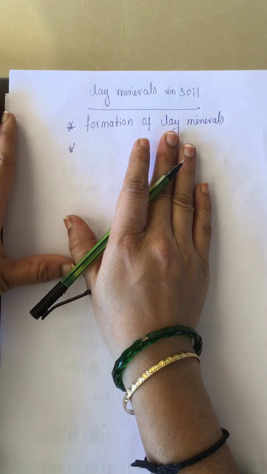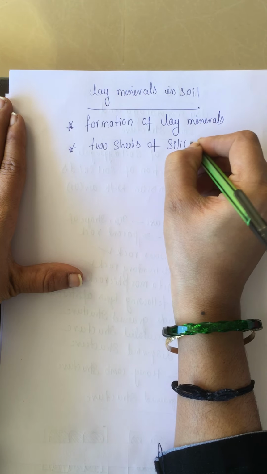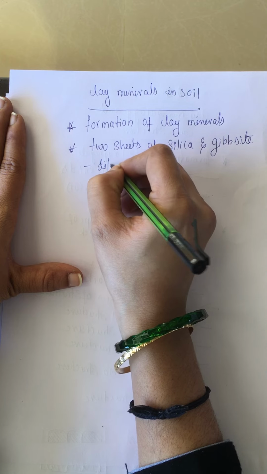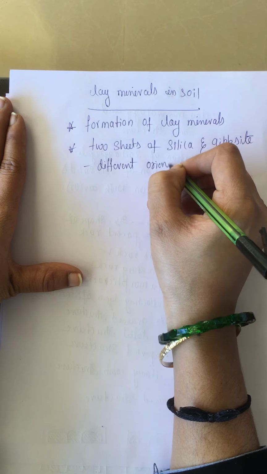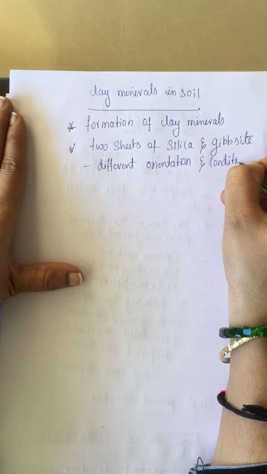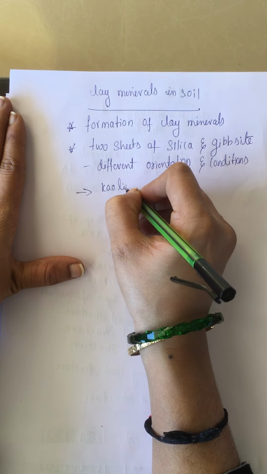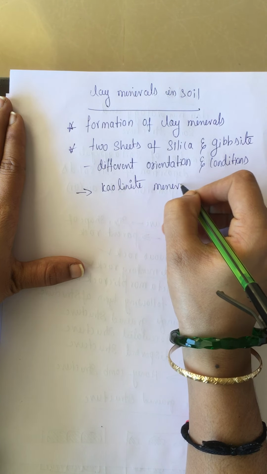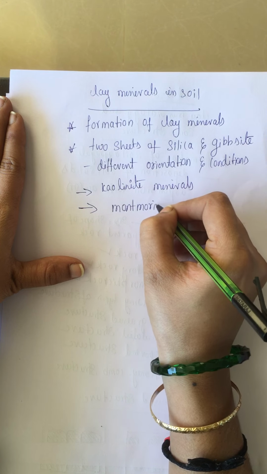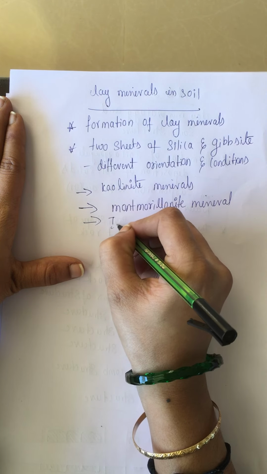So, we have considered in nature two sheets of silica and gibbsite of different orientation and conditions, which will lead to different clay minerals in nature, such as kaolinite mineral, the next one montmorillonite mineral, and the third one illite mineral.